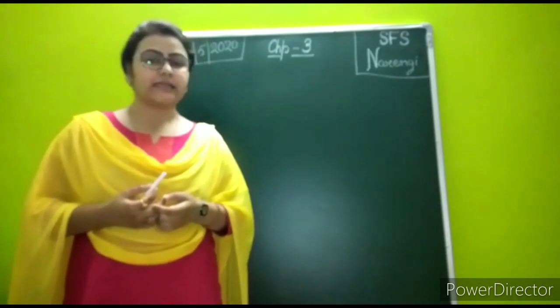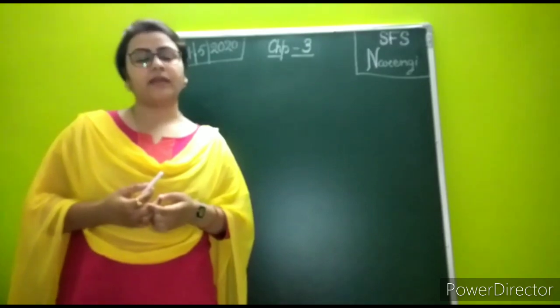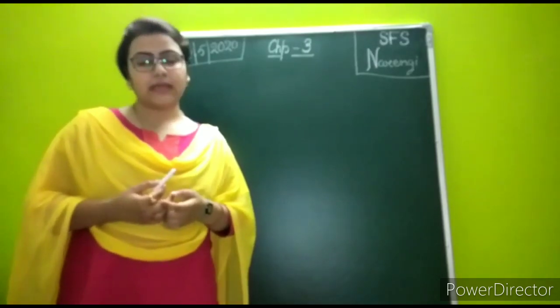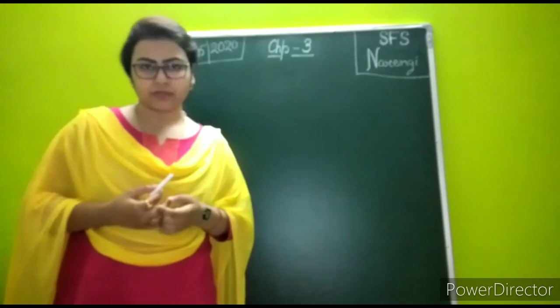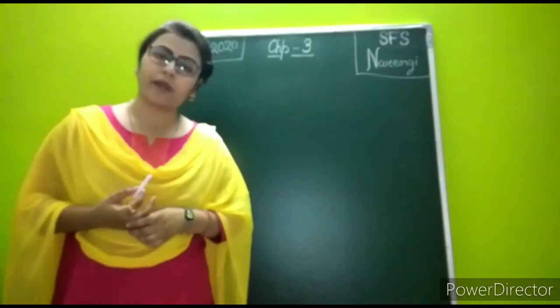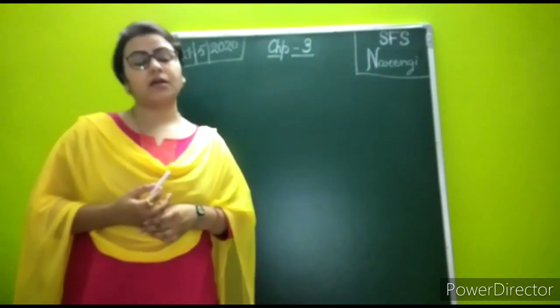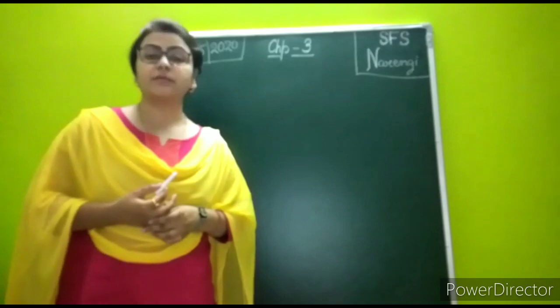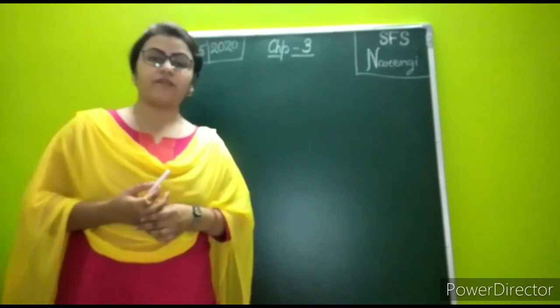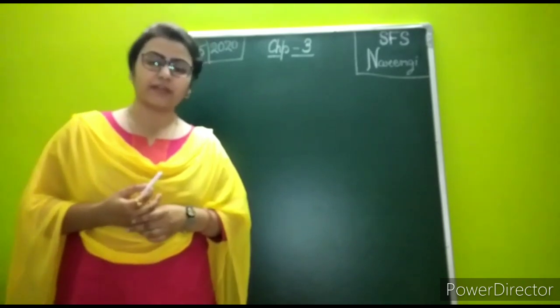And another one was: if a number is divisible by two co-prime numbers, then that number will also be divisible by the product, the multiple, of those two numbers. We had 5 and 12 as the co-prime numbers given to us, right?